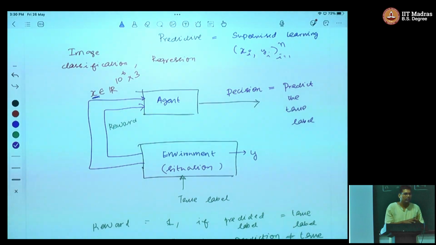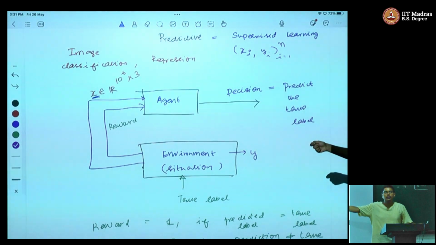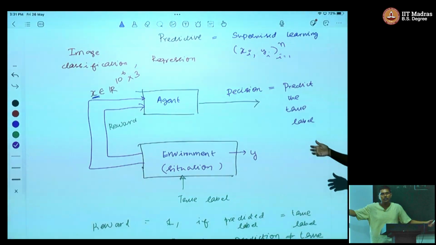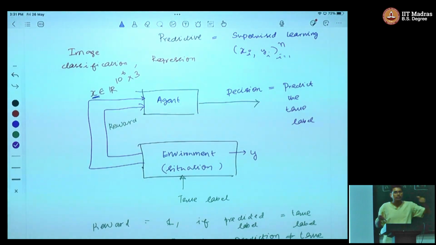Or you just say that this is the customer data: the customer's age is this much, salary is this much, the customer has a house, this is the credit history. Then you would want to predict whether or not the loan will be repaid. You will have past data of all the customer attributes, the features, and also the label which said loan paid or not paid.